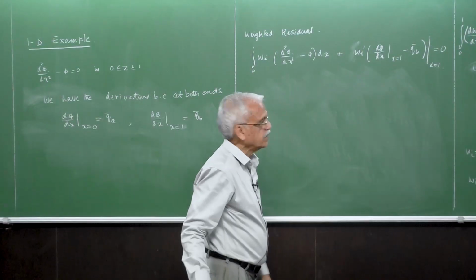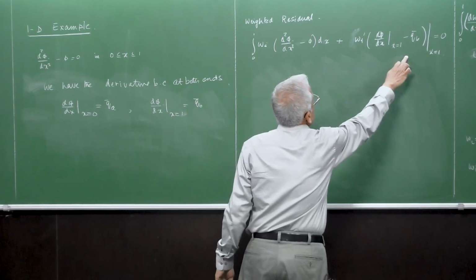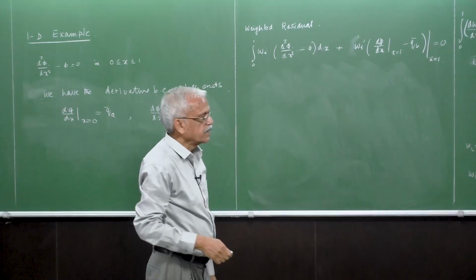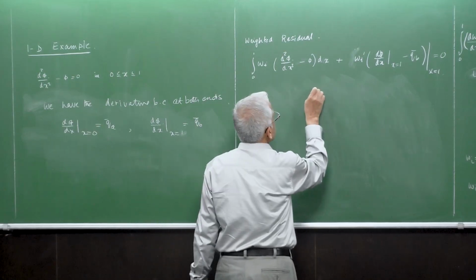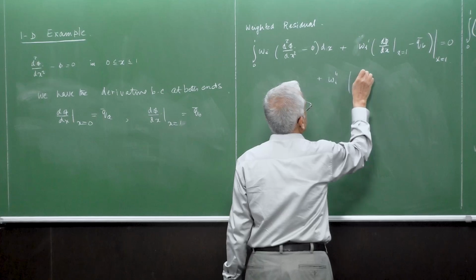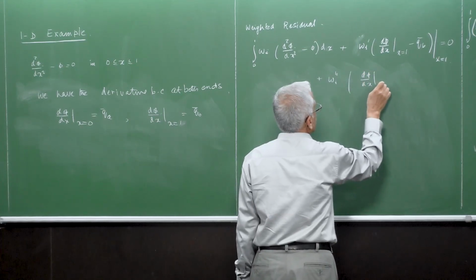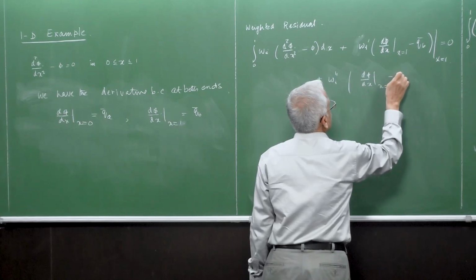So what I'm saying here is that this is the term at x is equal to 1, the derivative boundary condition. To that we also add one more term: d phi by dx at x is equal to 0 minus qa.